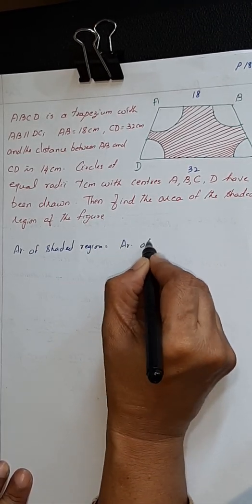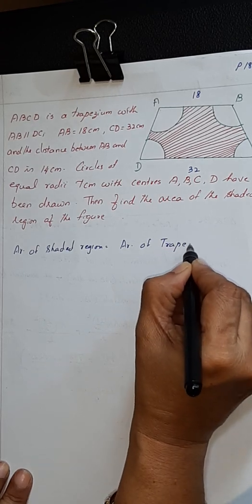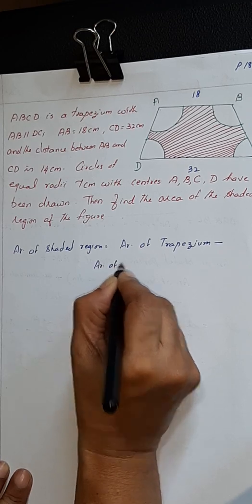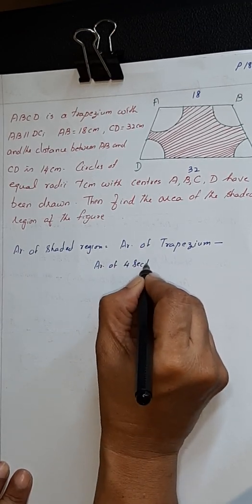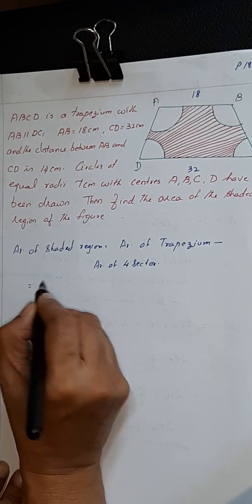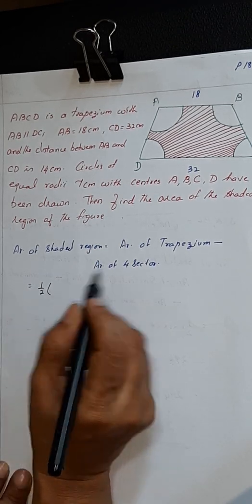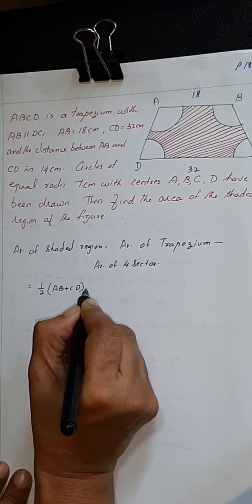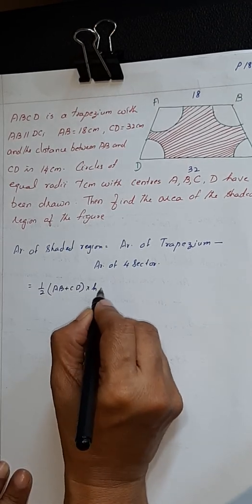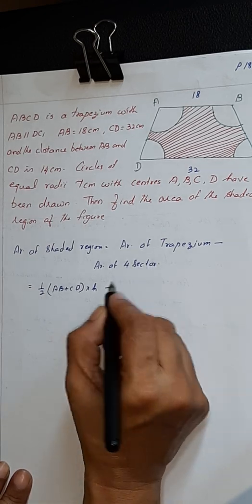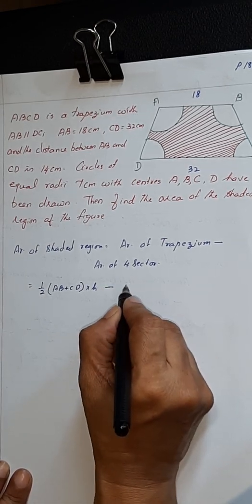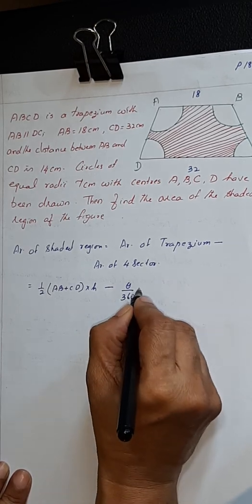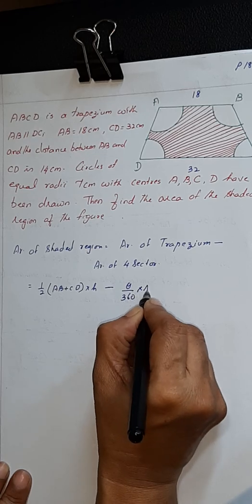So the area of the shaded region is equal to the area of the trapezium minus the area of the 4 sectors. The area of the trapezium will be half into (AB plus CD) into height, minus, now the area of the 4 sectors will be theta by 360 into pi r squared.